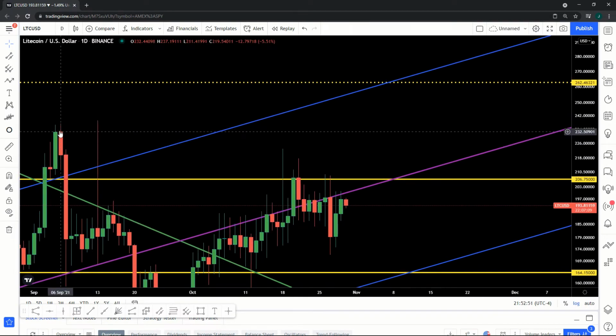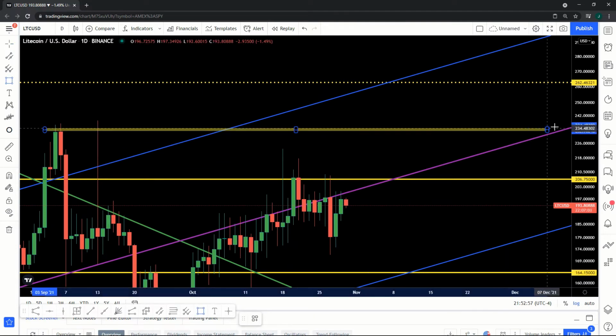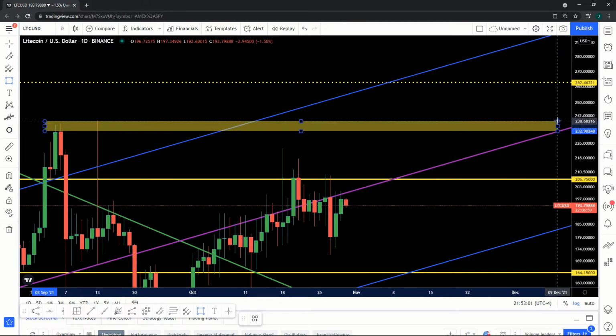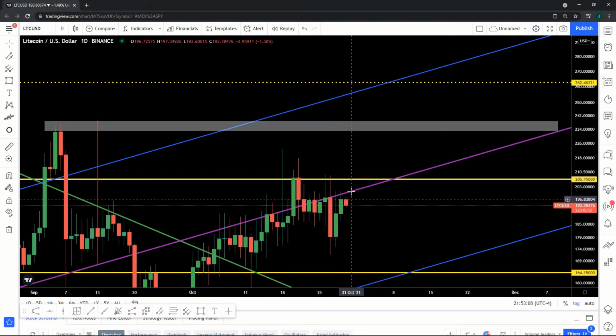From here, I would think price would head to this level first. If or when price gets above this purple line and this yellow line, I think there's going to be enough momentum to push it up here to 234.